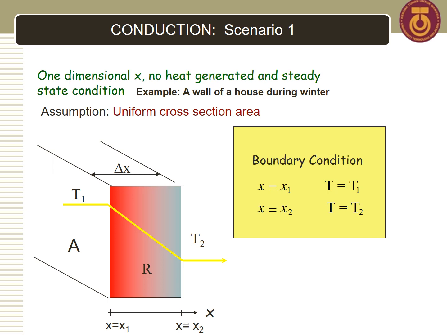So these are the conditions. First, one-dimensional X. What does it mean by that? It means we only consider heat conducted within this system in one direction, in the X direction only. You can see you have X, you also have Y, you also have Z. Under such a condition, we only consider heat transferred in the X direction.